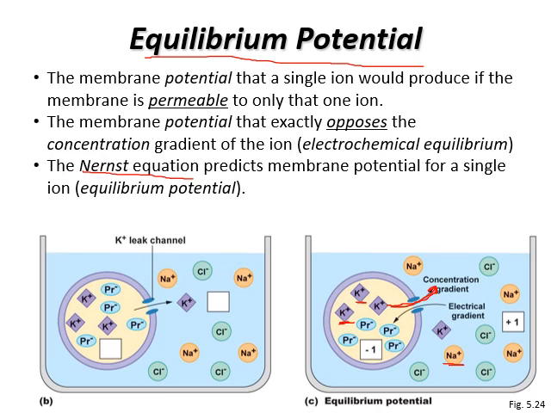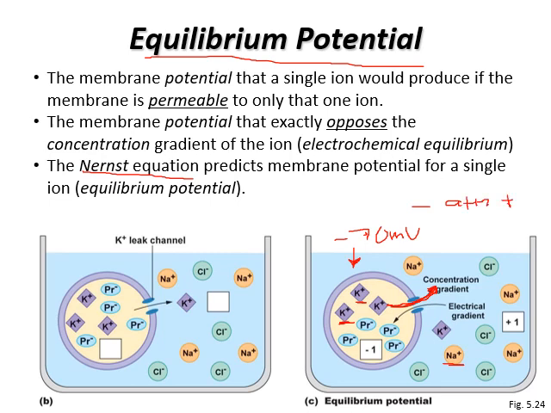The concentration gradient draws potassium out because potassium is high inside and low outside. But as potassium leaves, what's going to happen to the membrane potential? It takes its positive charge with it. So we were at -70 millivolts at rest. What happens when potassium keeps leaving? The value is going to become more negative because we're losing positive charge from inside. And remember, negative attracts positive.